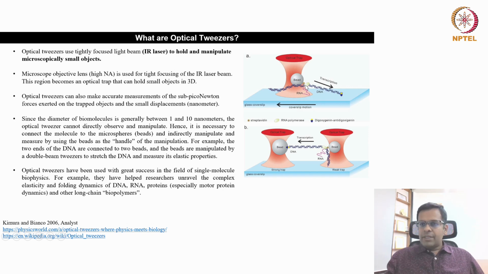This RNA polymerase is conjugated to the bead using biotin-streptavidin chemistry. Now using this laser beam, you can pull or push the bead, or measure the forces exerted by the RNA polymerase on this bead.